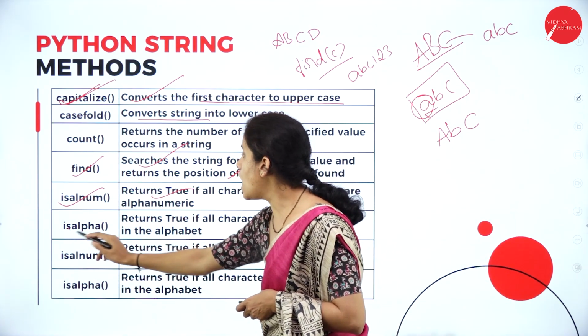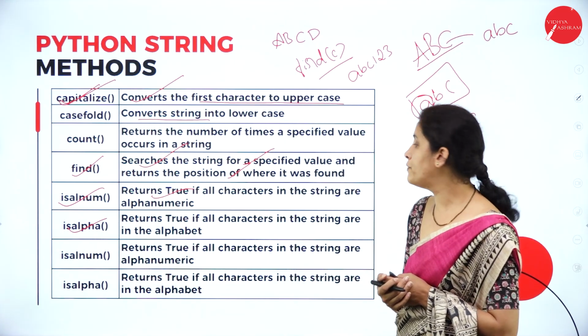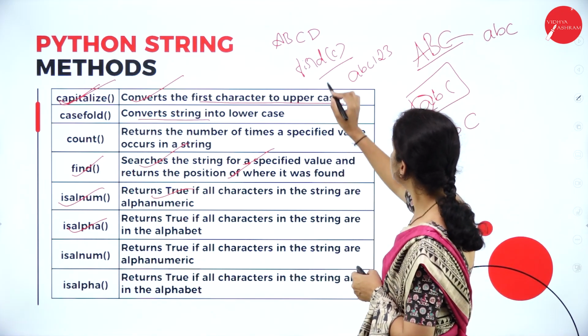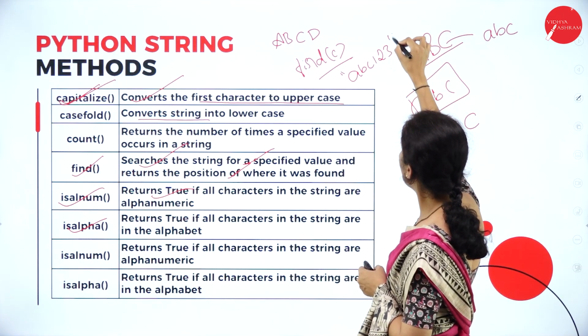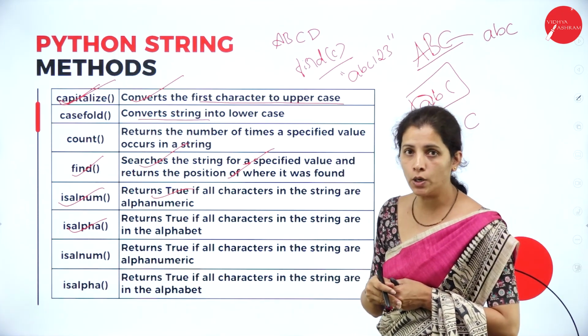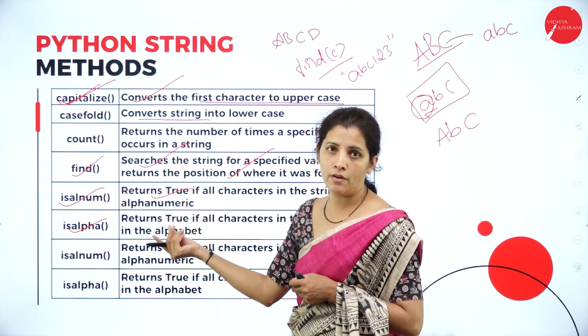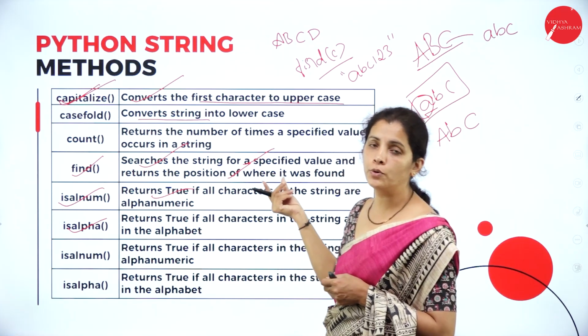And isalpha returns true if all the letters in the string are alphabets. For example, think that I have the string ABC123 and I call the method isalpha. Then what is the output I'm going to get?